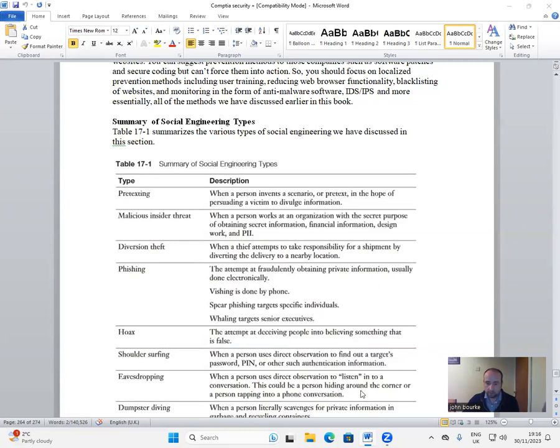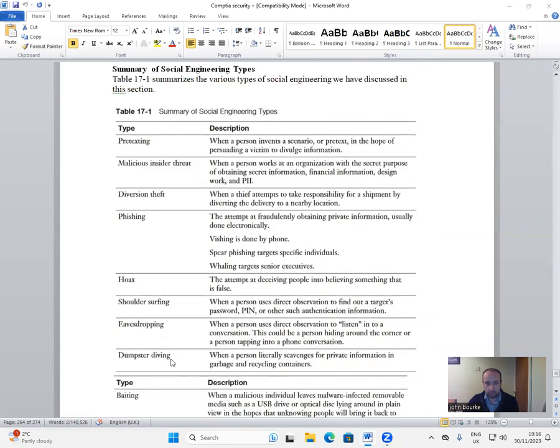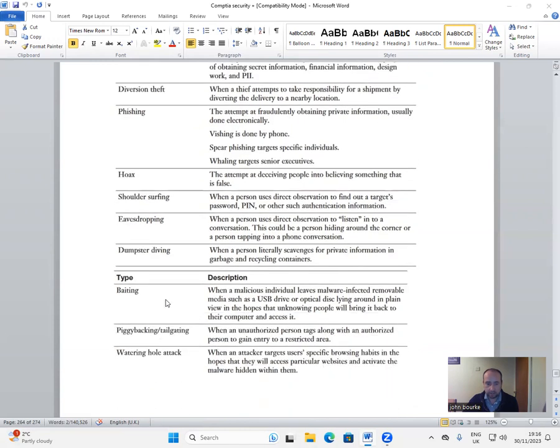This could be a person hiding around a corner or a person tapping into a phone conversation. Dumpster diving, when a person literally scavenges for private information in garbage and recycling containers. Baiting, when a malicious individual leaves malware-infected removable media such as a USB drive or optical disc lying around in plain view in the hopes that unknowing people will bring it back to their computer and access it.